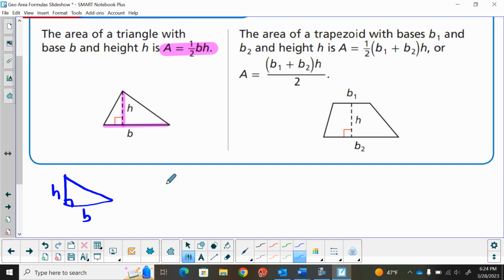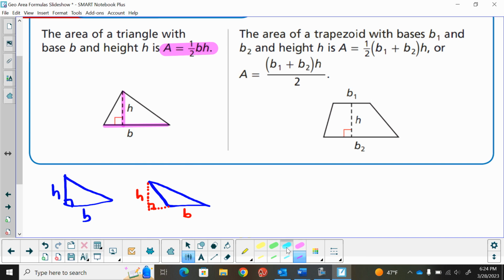Or if you have an obtuse triangle, and you want this bottom side to be the base, then just like in that one parallelogram we just saw, you could extend the base to make a perpendicular measurement up to the top, and that would be your height.